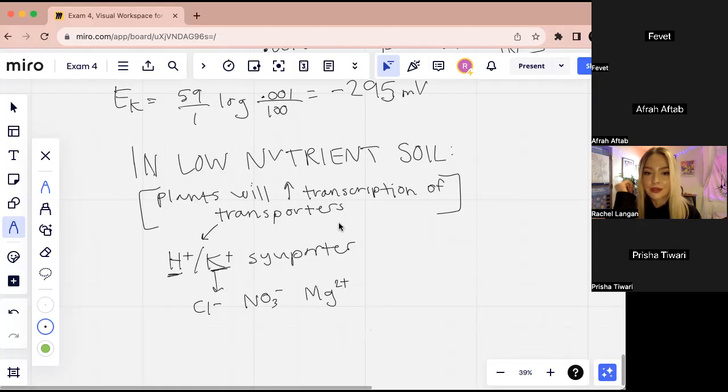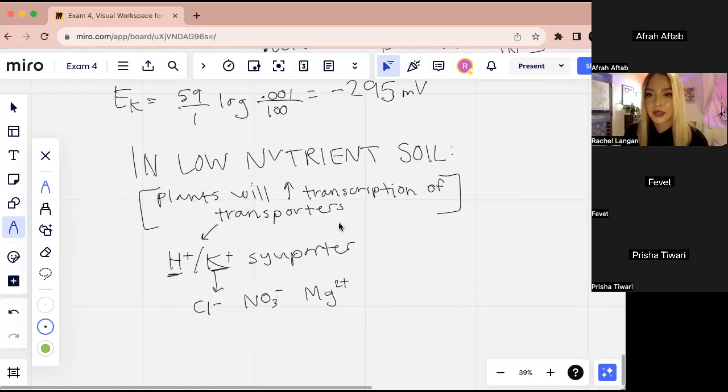So it wouldn't matter if they're open for potassium to come in because the electrochemical gradient isn't for it. No, actually, because this is active transport. So it's not just a channel. We're using hydrogens to actively pump potassium against its concentration gradient.